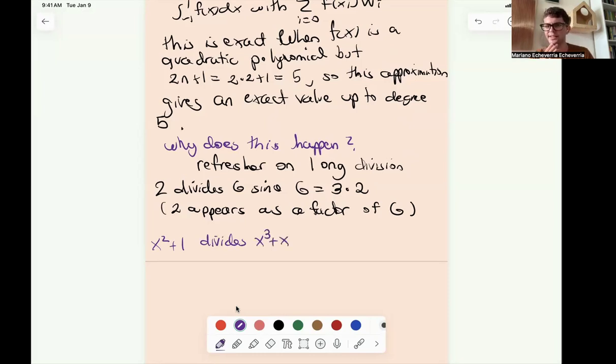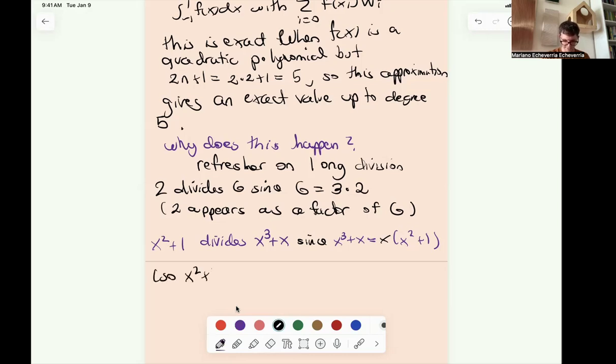Because x cubed plus x is x times x squared plus 1. You can factor out an x, and then x squared plus 1 appears as a factor, right?